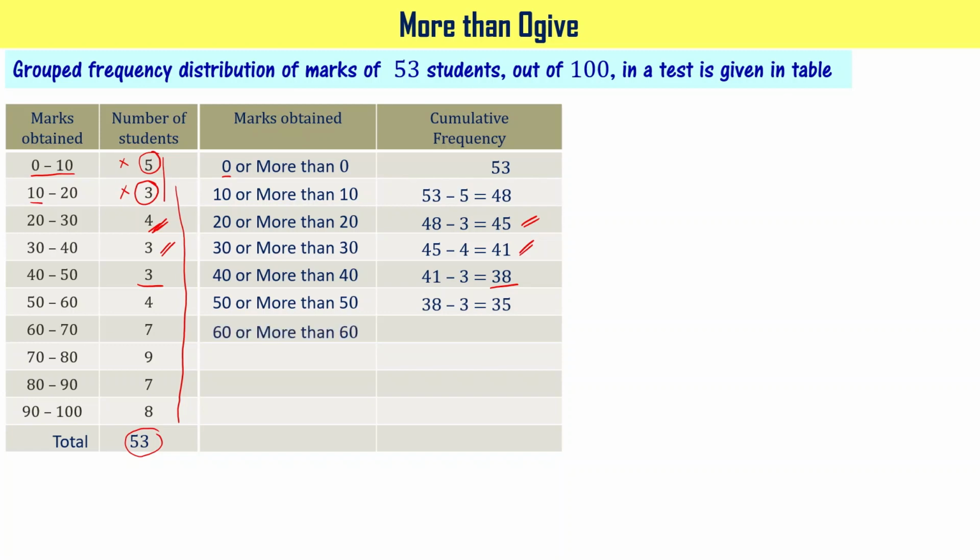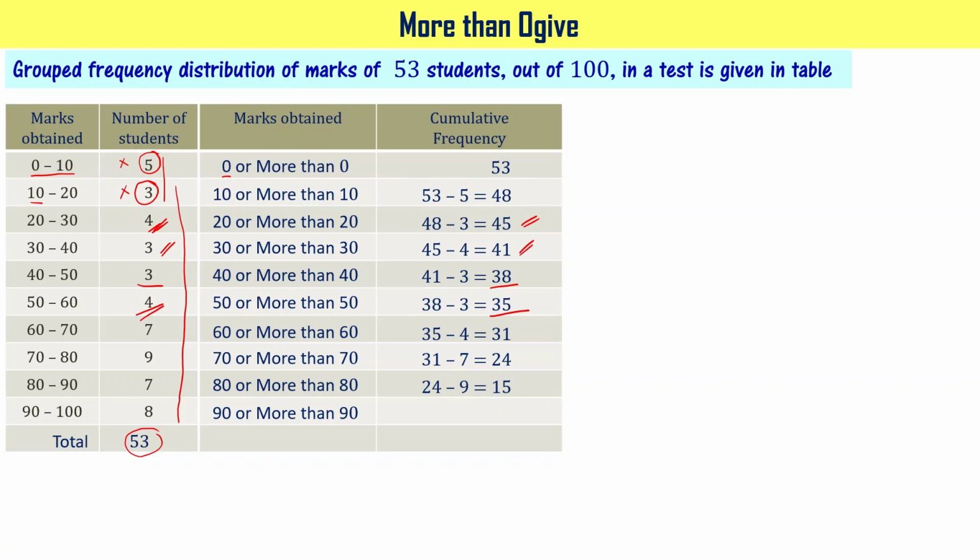So 60 or more than 60, when I say, it is going to be 35 minus 4, that is 31. So similarly, if you do it, 90 or more than 90 is going to be 15 minus 7, right? That is equal to 8.